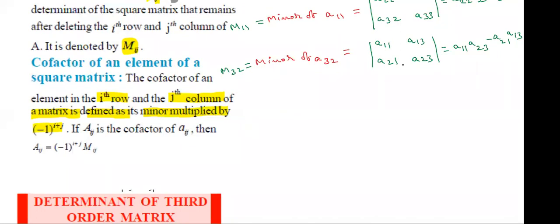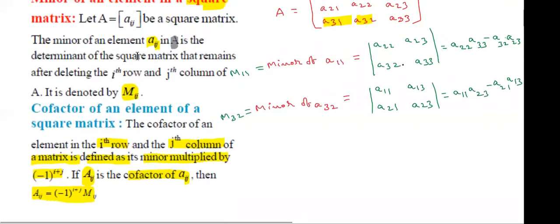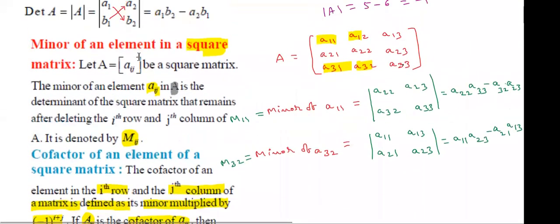The cofactor of an element is denoted by capital Aij, the cofactor of small aij. Then the cofactor of aij is equal to (-1)^(i+j) into Mij. This is the definition. Here we have already completed the minor elements. Now I am going to find the cofactor.